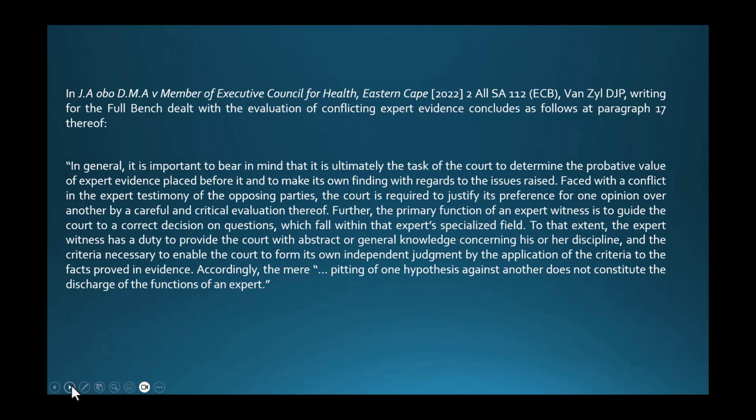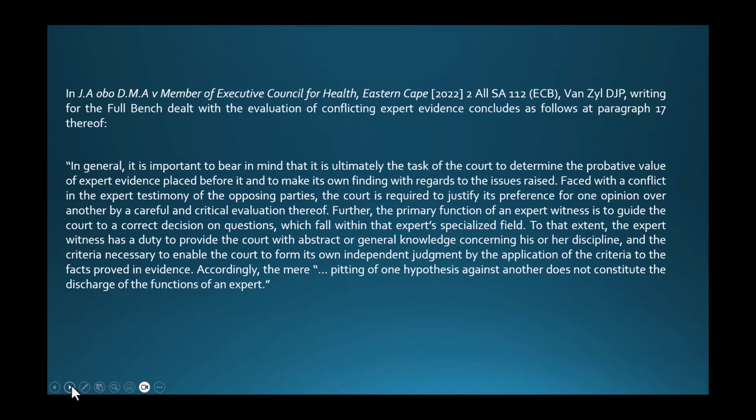The expert is a guide to the court to find correct decisions on questions which fall within that expert's specialized field. You're guiding the court, in a sense, educating the court, explaining to the court what that abstract or general knowledge relating to the case is, and giving the court the ability to then form its own independent judgment by the application of the criteria to the facts proved in evidence.